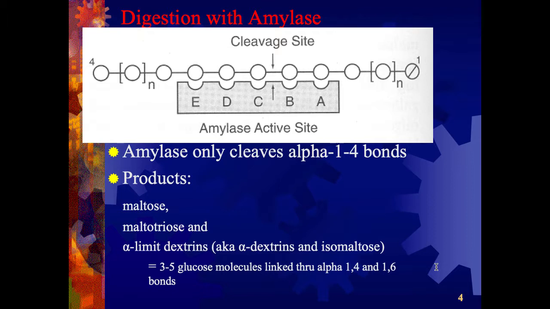One cleavage point. In other words, imagine this is the enzyme and these are the binding sites. So starch is going to be bound by the enzyme, and the enzyme is going to take 5 glucose molecules to fill its binding sites. And then the enzyme cuts once. So you have all of this in here, but only one of those glycosidic bonds is cut.